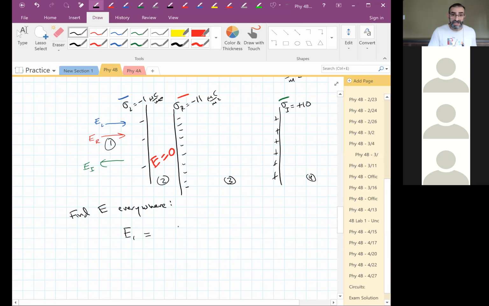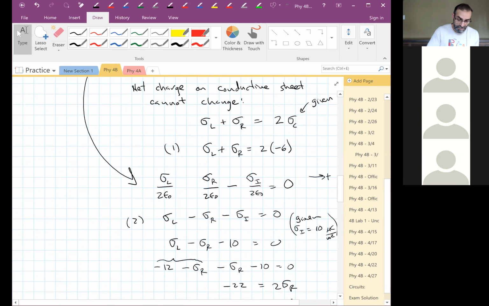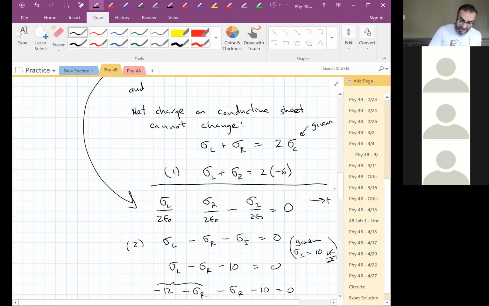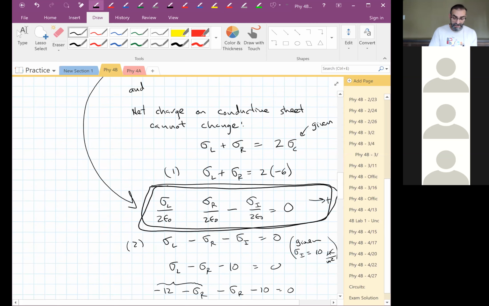You could just use what you did earlier. Where's our earlier equation? Here it is. We could use this equation, and say I assumed that they were all positive, and now I'm going to plug in the actual values, negative signs, positive signs, and they will automatically get the direction right. I'll do that first.